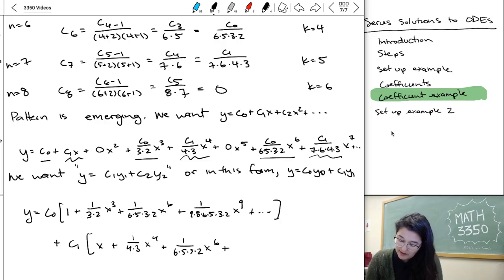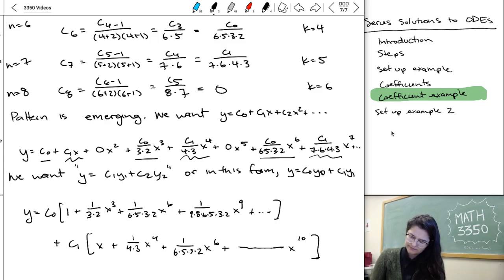And we didn't find it, but we know our next C1 term is going to be on x to the 10th. So it'll be 10 times 9. Actually, we would skip 7.